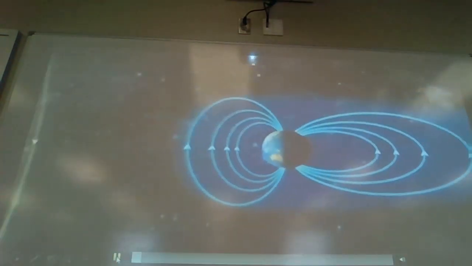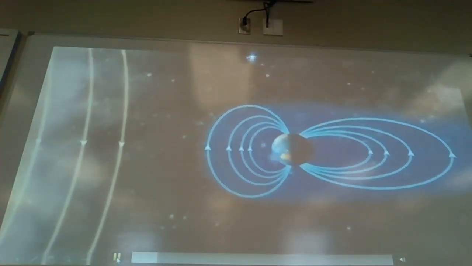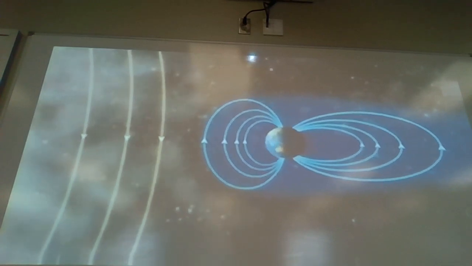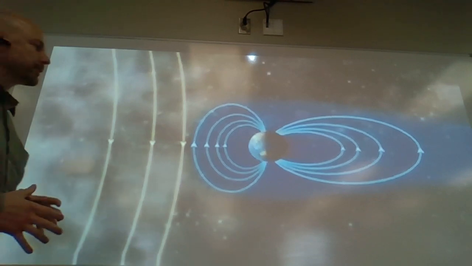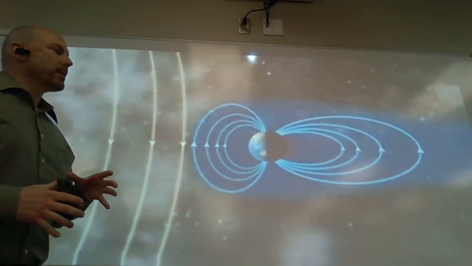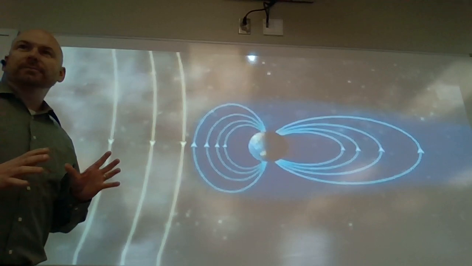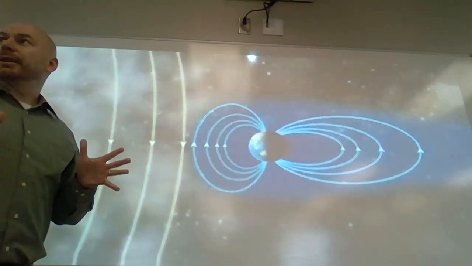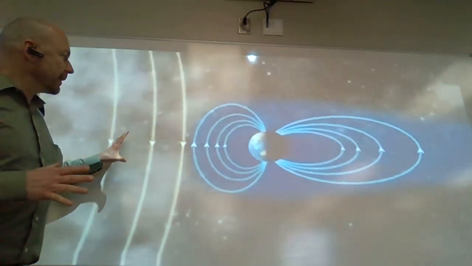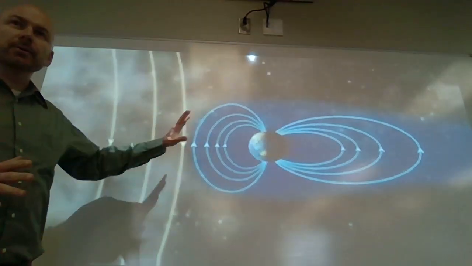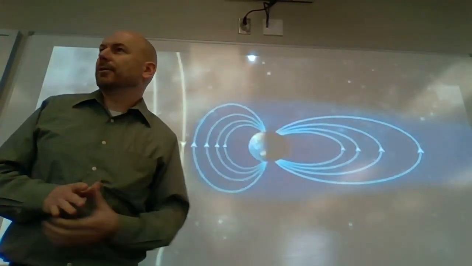An invisible shield, the Earth's magnetic field, deflects the storm. The magnetic field. Okay. So first off, it's a really good thing we have a magnetic field, because if we didn't, these solar winds would rip off our atmosphere.